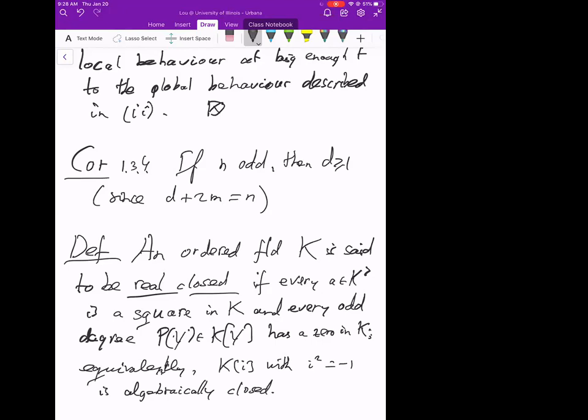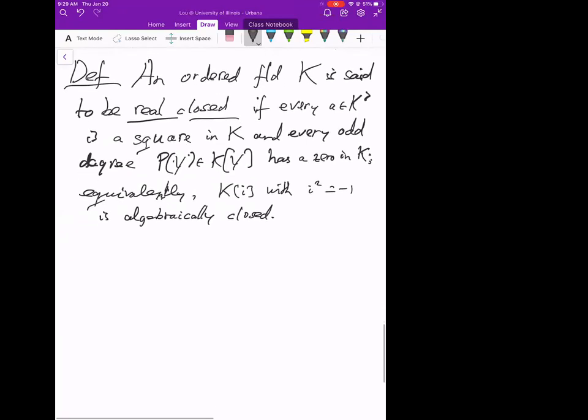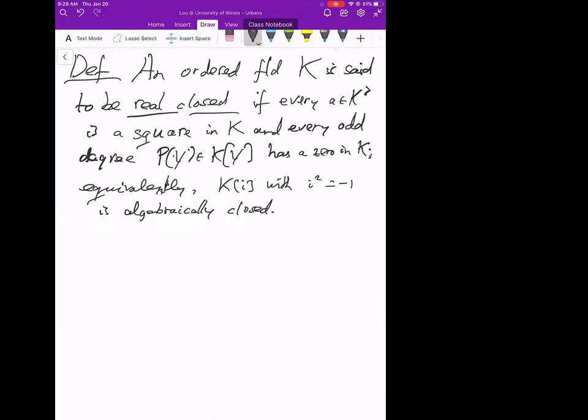And of course, this is also important in the history of model theory, since Tarski proved that all real closed ordered fields are elementarily equivalent to the real field. They have exactly the same elementary properties. Okay, so now I can state theorem 135.